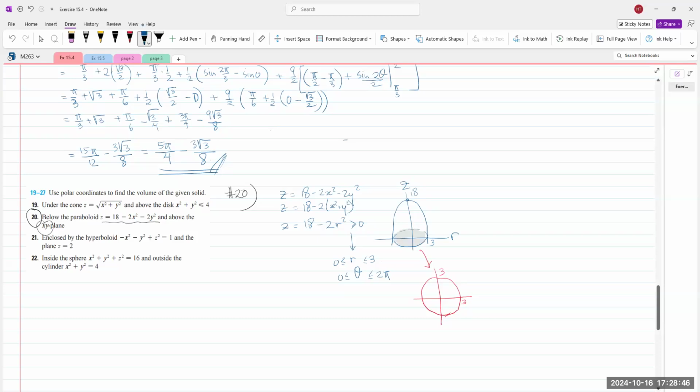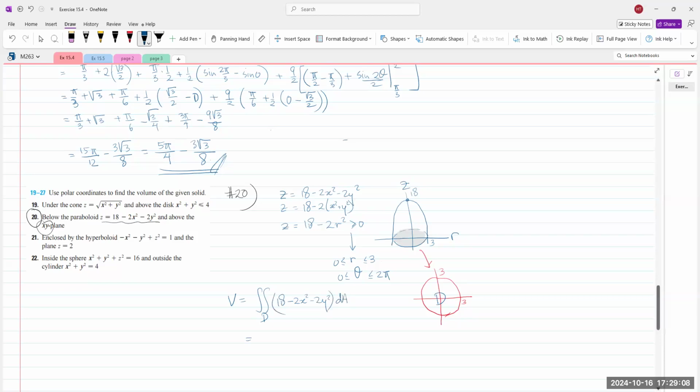So the volume will be the double integral over that domain D of z, which is 18 minus 2x squared minus 2y squared dA. That's the integral.